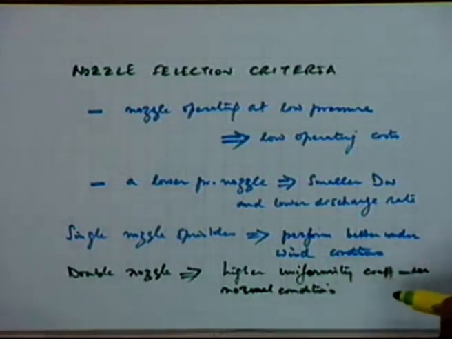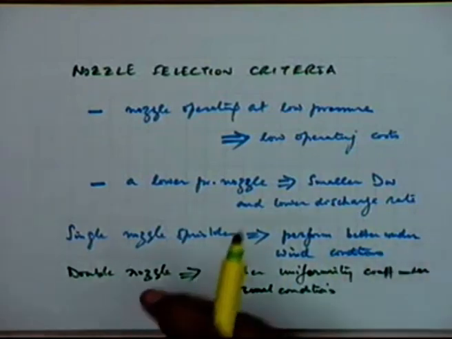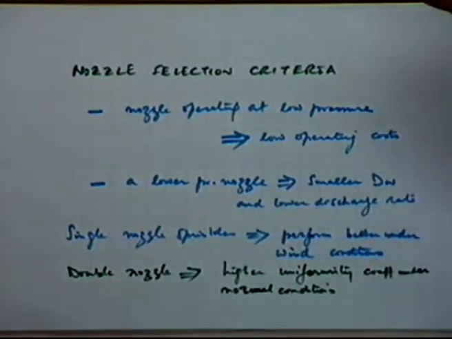So in this case the discharges will also be higher in the case of double nozzle. So when you choose one thing, there will be some plus points, there will be some minus points, and that is why it is important to understand that the nozzle selection procedure is a very iterative procedure. It has pros and cons.